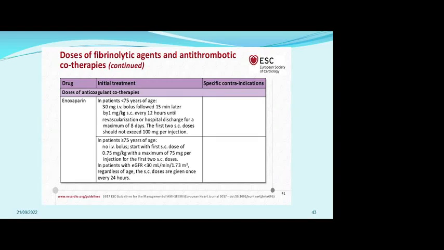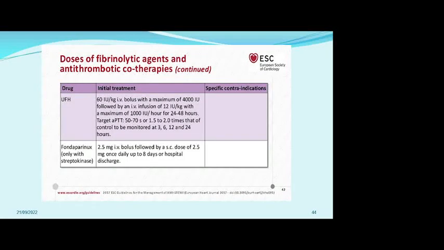And if you are thrombolysing, these patients need enoxaparin also, followed by thrombolysis. That is generally the dose of 1 milligram per kilogram, but above age 75 we tend to give 0.75, or if the patient is in renal failure where GFR is less than 30, then we have to give a daily dose.